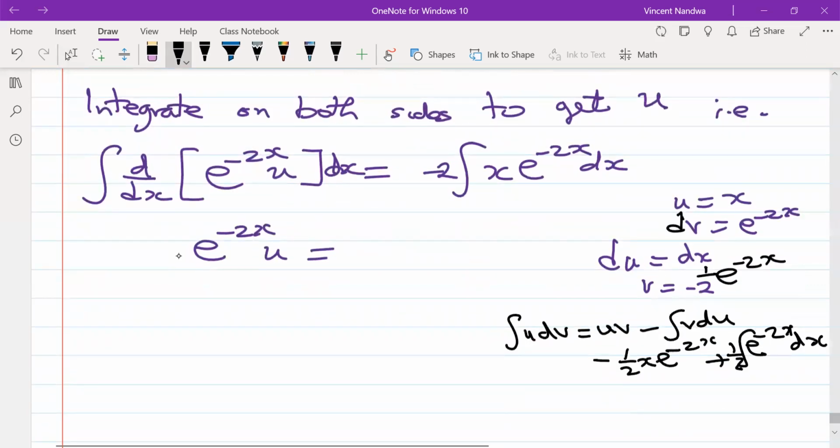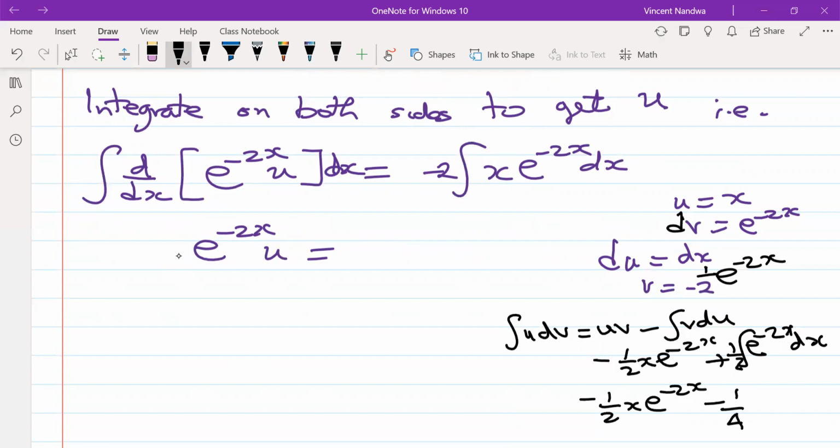And when you integrate this, you have minus a half x e power minus 2x. This will give you minus a half e power minus 2x. When you multiply that minus a half by this, you get minus a quarter e power minus 2x.